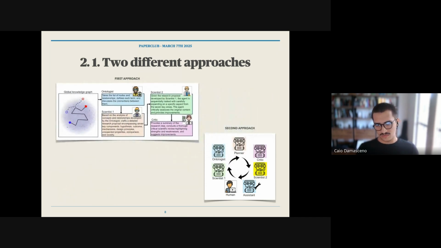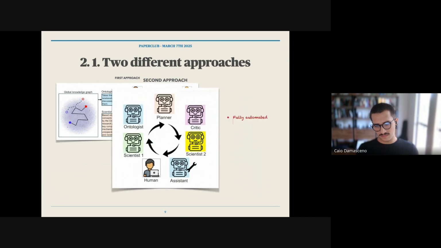And the second approach is something more flexible. The agent interactions are automated, and there is no predefined order. There is a planner. I will explain in more detail the different agents, but there is an agent focused on organizing, there is one agent focused on tool calling and so on.